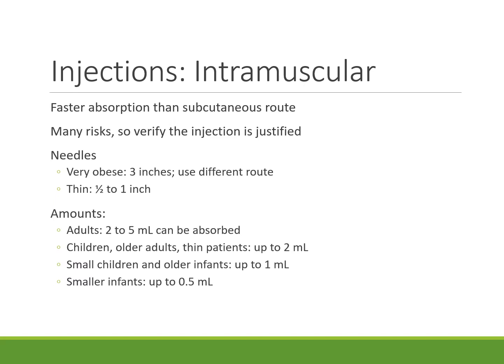So why intramuscular? Faster absorption than the subcutaneous route. If you remember the layers of the skin, from the uppermost you have the dermis, the second layer is the epidermis, the third layer is the subcutaneous tissue, and next to that is the muscle.